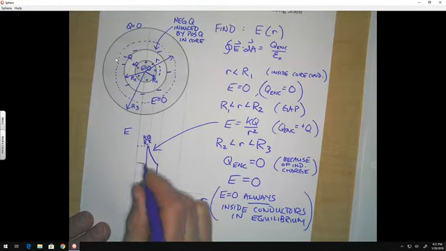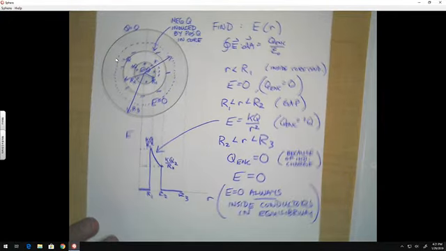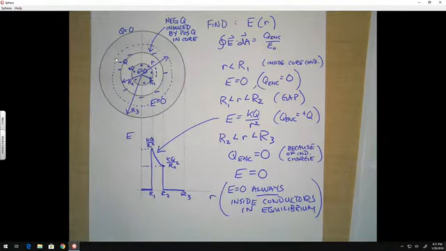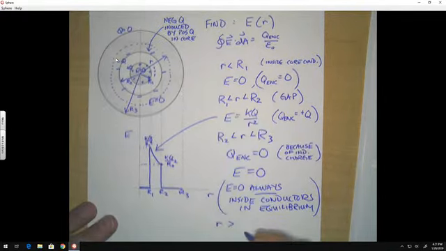And then here, you'll have KQ over R2 squared. And then the last part is going to be what happens for R bigger than R3.